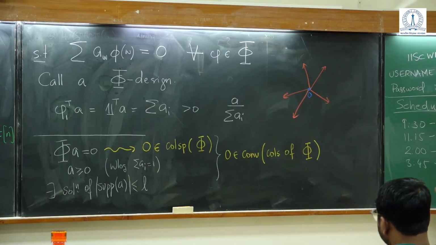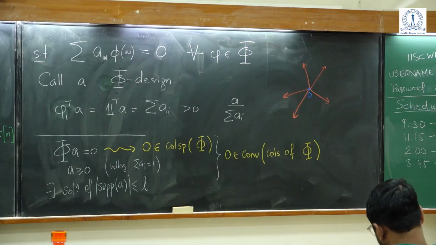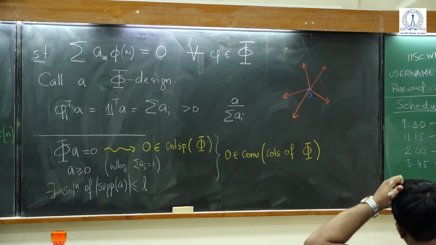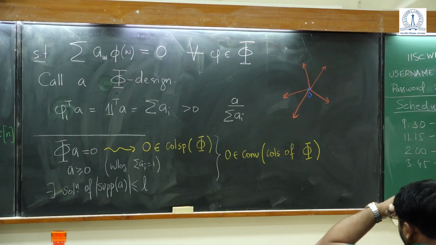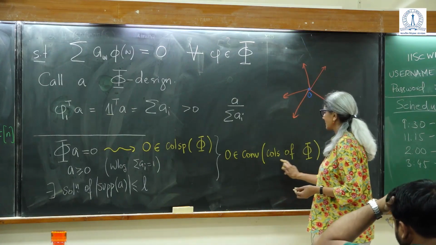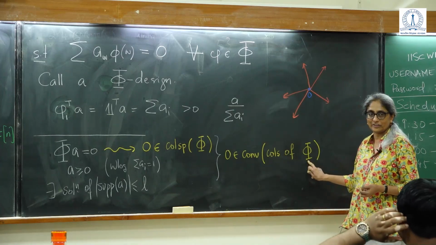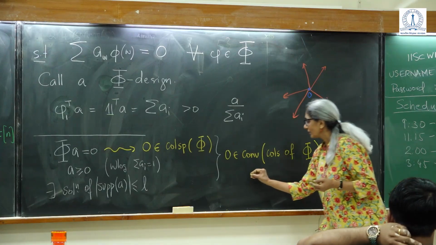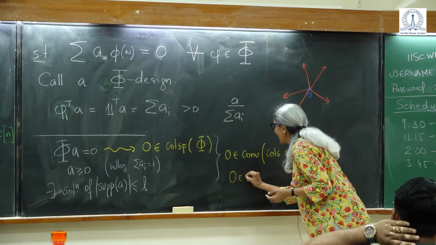But this A vector can have very low support, right? So where does 0 actually lie? It doesn't need all the columns of phi to be in the convex hull, right? So can we make this slightly better? Not just the convex hull of the columns of phi.